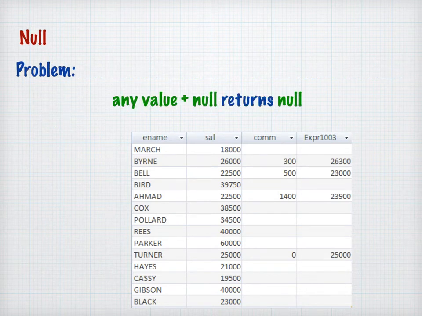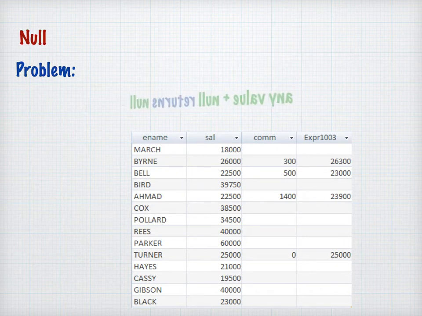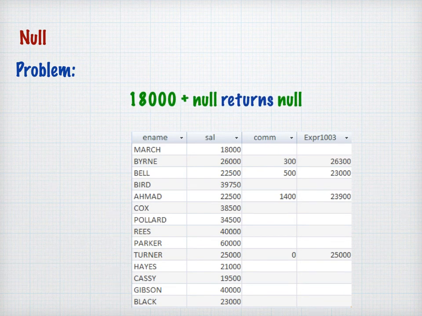Any value plus null returns null. So if you look at March, for example, 18,000 plus null gives you null. Burn, who does have salary and commission, actually does have a correct value, but then if you scan down, all the places like Cox, Pollard, Reese, all those places where there is no commission value, this doesn't work. We can't add a value to null because it simply returns null. 18,000 plus null returns null in the gap.